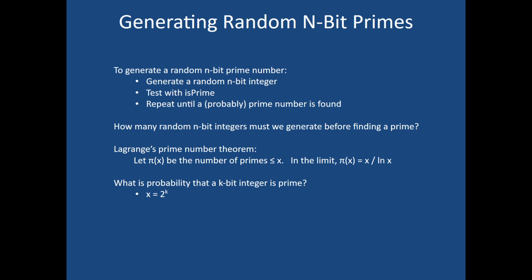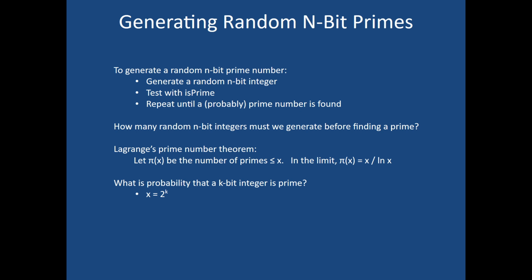Every k-bit integer is less than 2 to the k. 2 to the third is 1, 0, 0, 0, so it's actually a 4-bit number. But everything less than that is a k-bit number. Depending on whether you want to talk about all k-bit numbers or k-bit numbers that start with 1, there's a factor of 2 here, but I'm just taking all k-bit numbers.